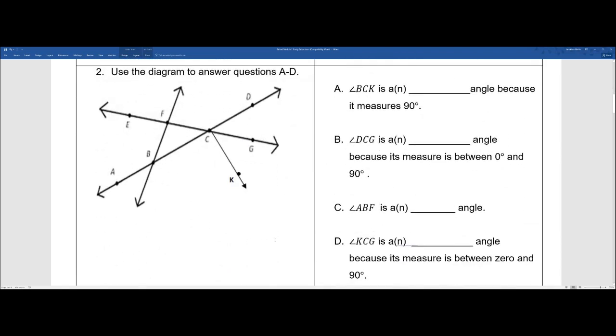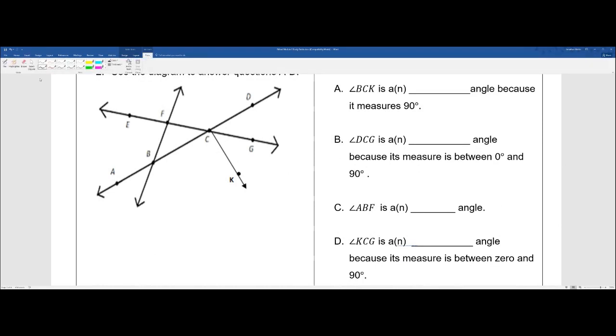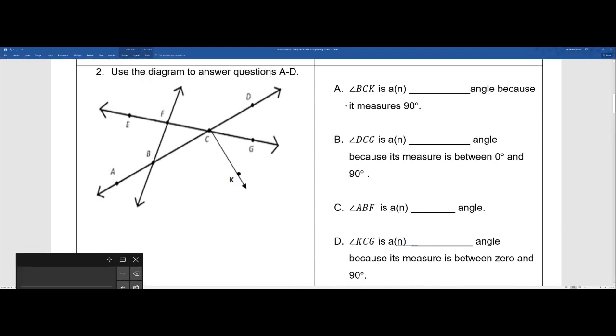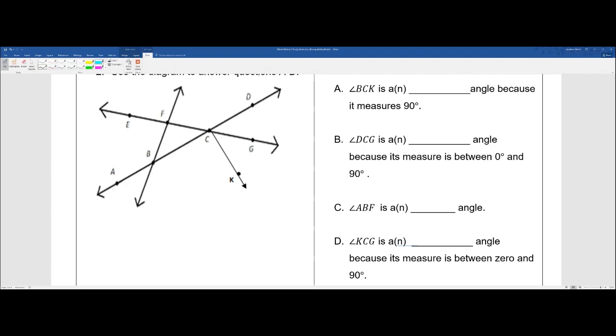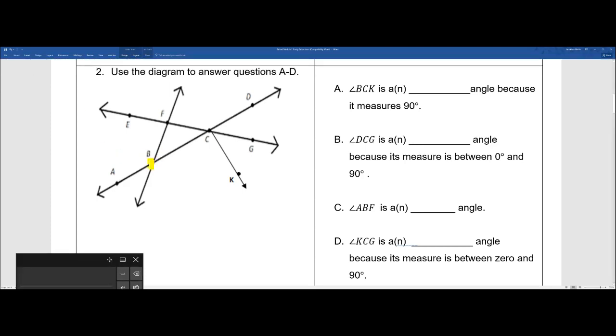All right, number 2. So we're basically just identifying certain angles. It's asking for angle BCK. Let me use a highlighter so you can see what they're talking about. BCK would be there.